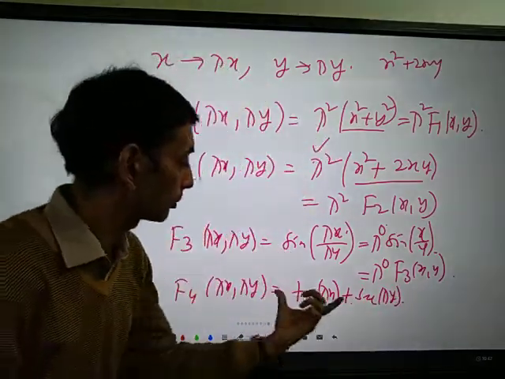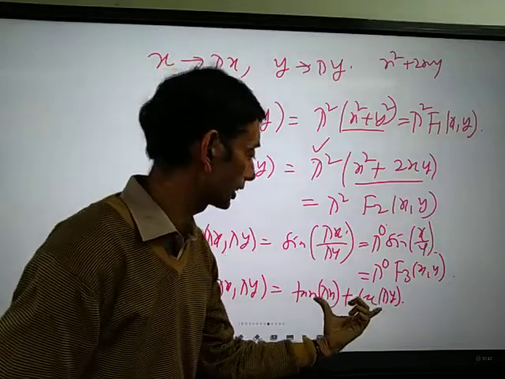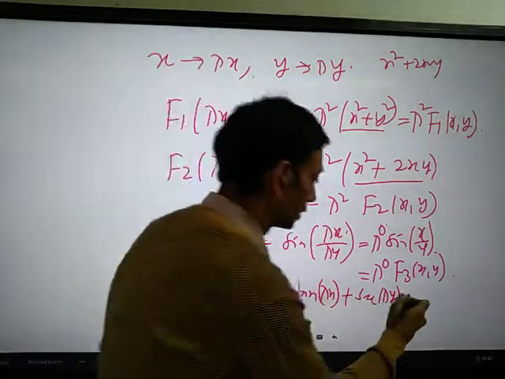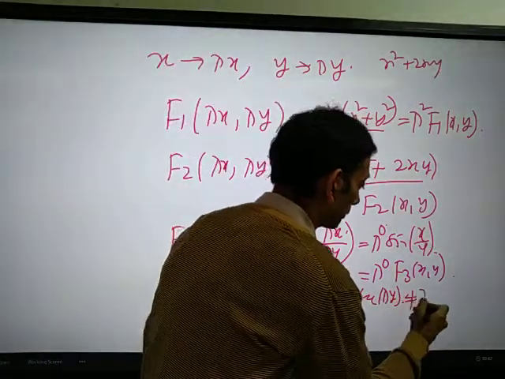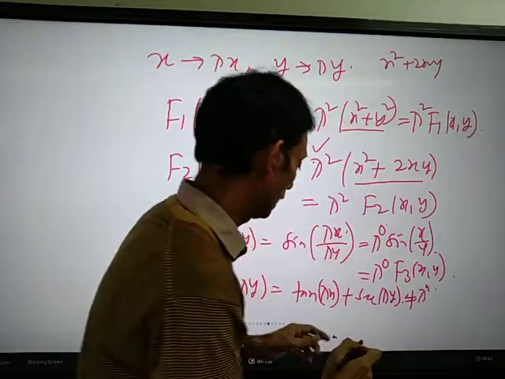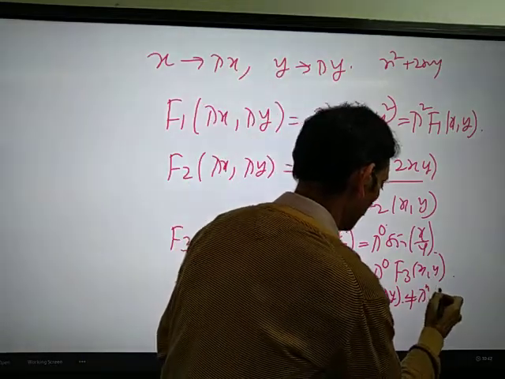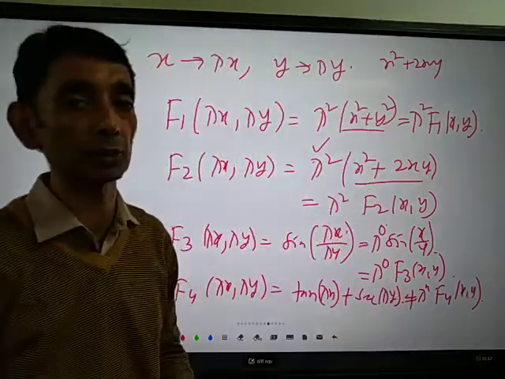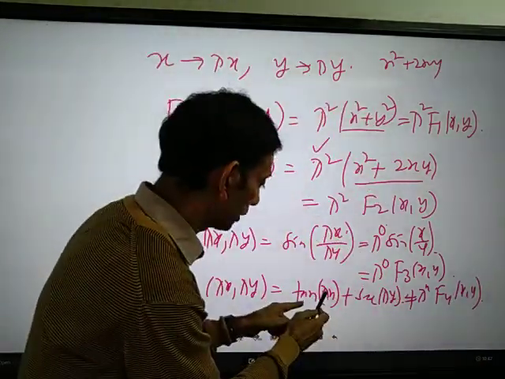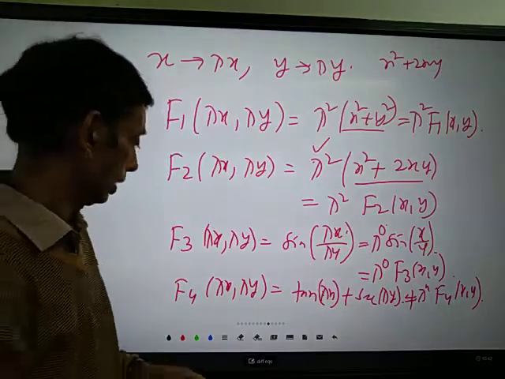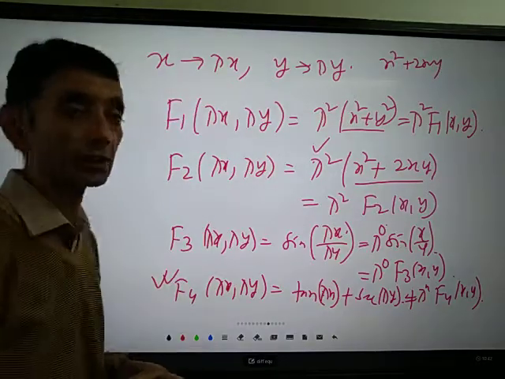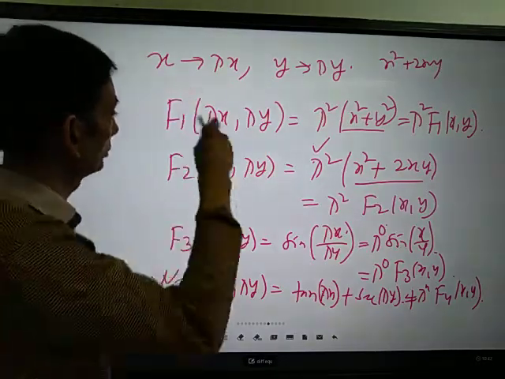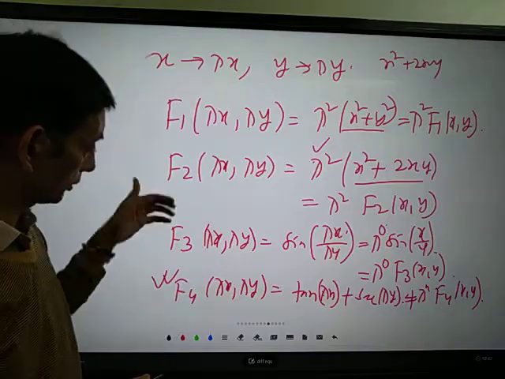Now the problem with this particular function is that we cannot take lambda out. That means we cannot write it in the form of lambda to the power n f4 x comma y. It's not possible to write in this form because we can't take lambda out. So this is a different function compared to all the three functions.